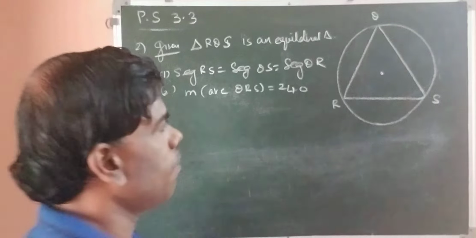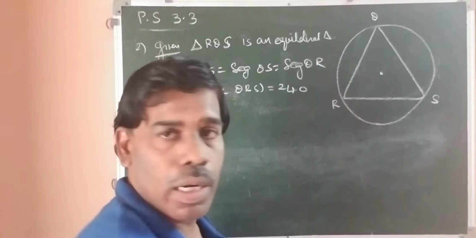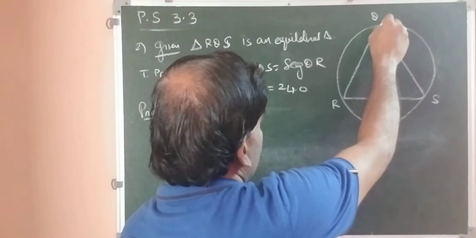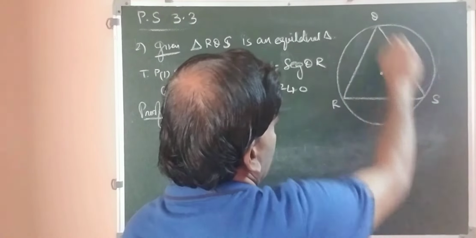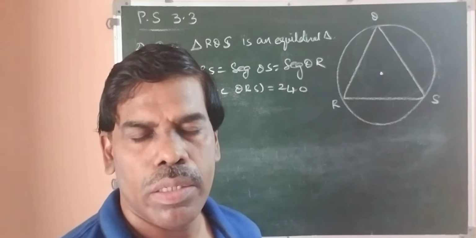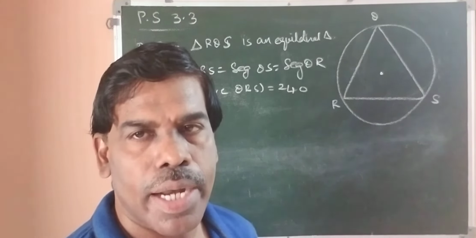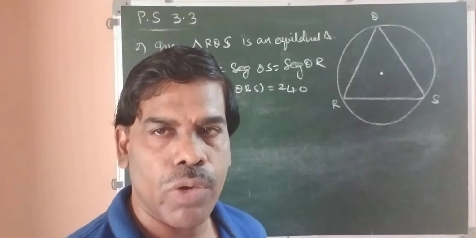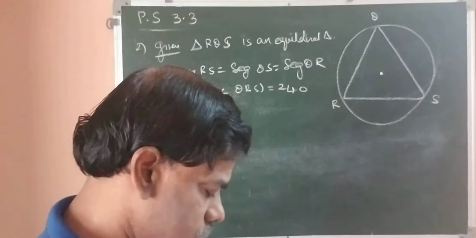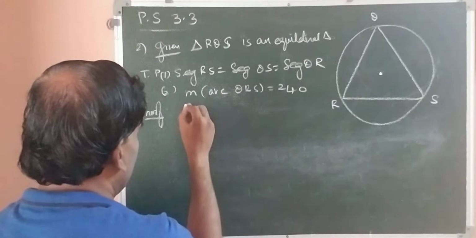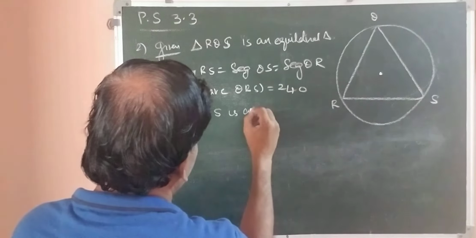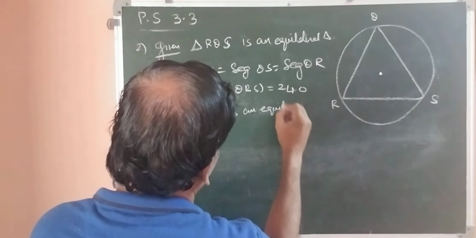Very carefully listen. This is a circle. This is the center. There is a triangle RQS, which they said is an equilateral triangle. Equilateral triangle means all the sides are equal and all the angles are also equal, right? Now, proof, how to write? Triangle RQS is an equilateral triangle.